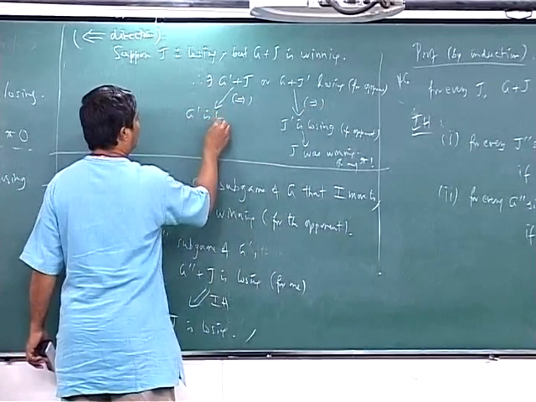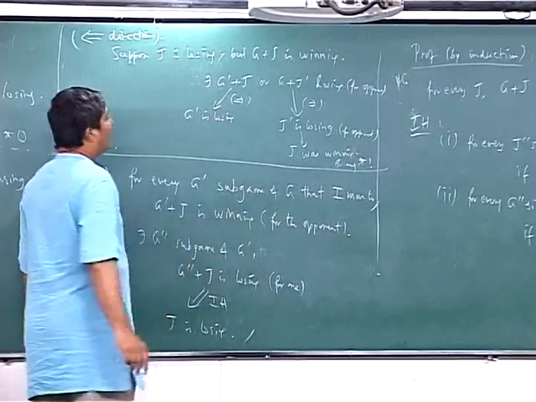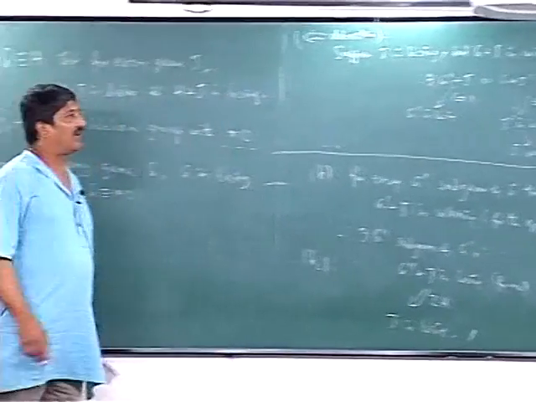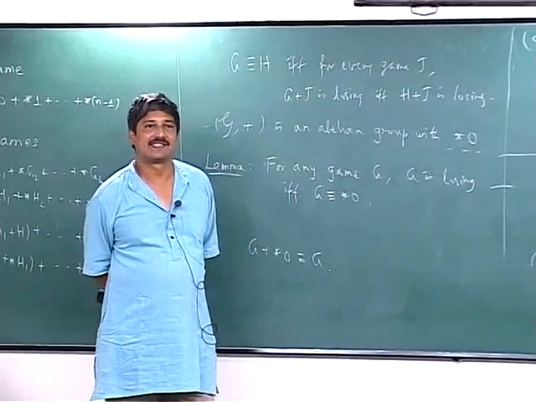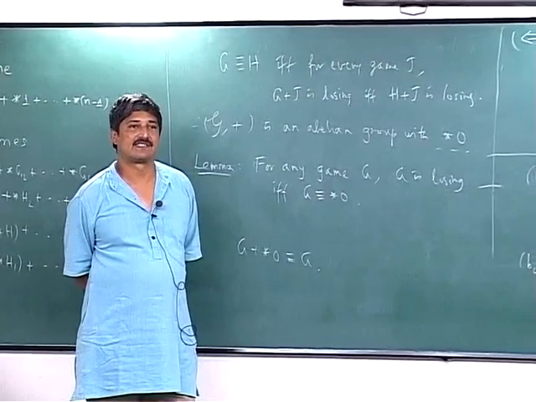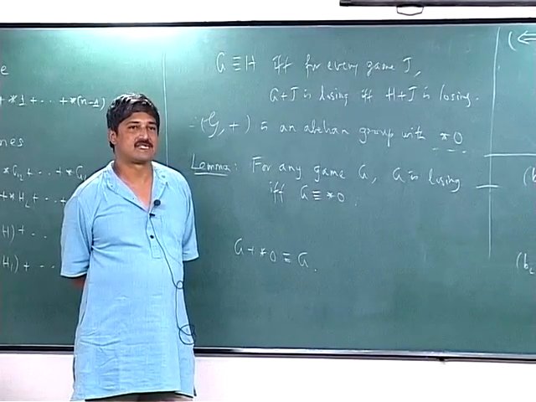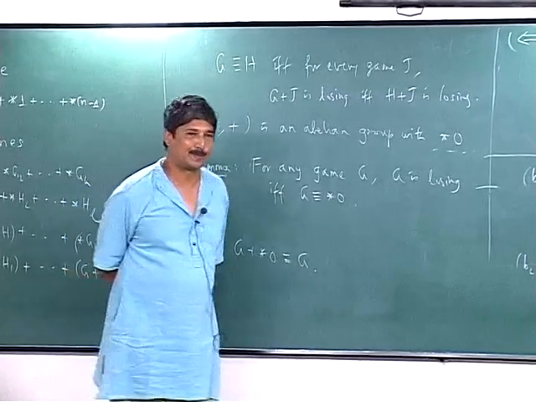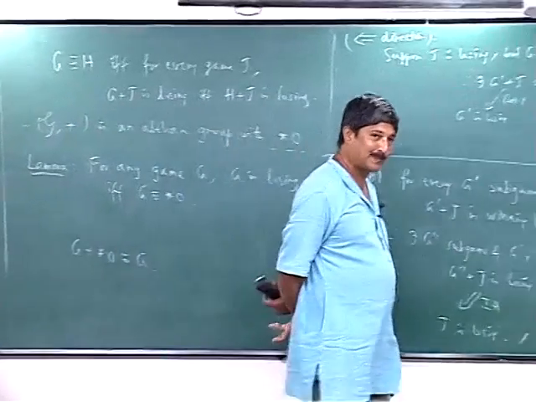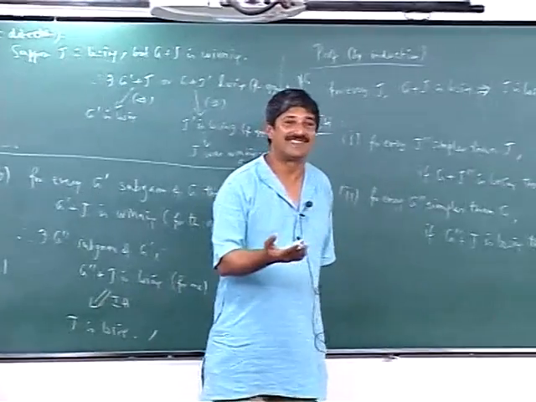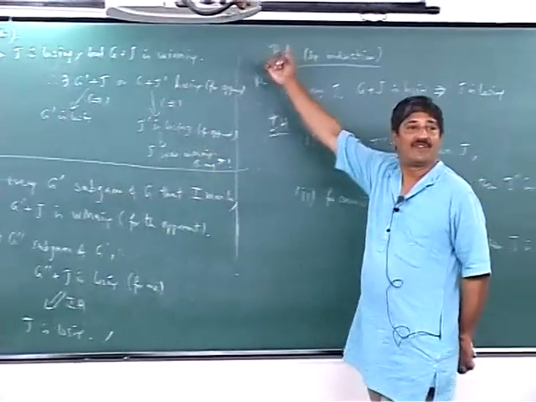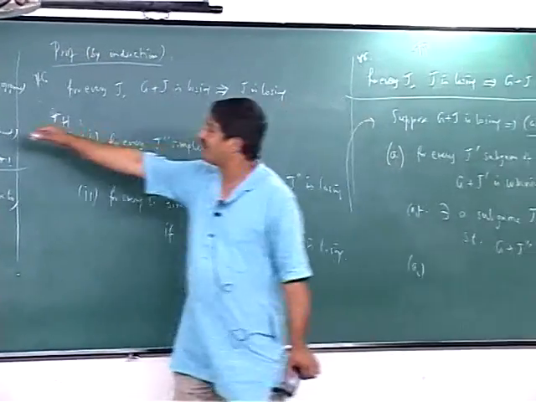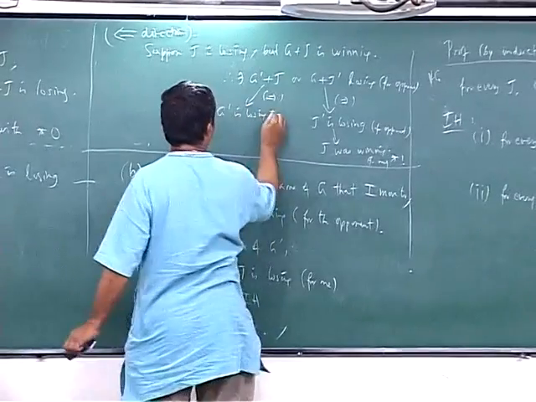G prime is losing. Now, in addition, what must be the case? J should be winning, right? That's the only way you could have G prime plus J. This is losing for me, right? This is losing for the opponent.